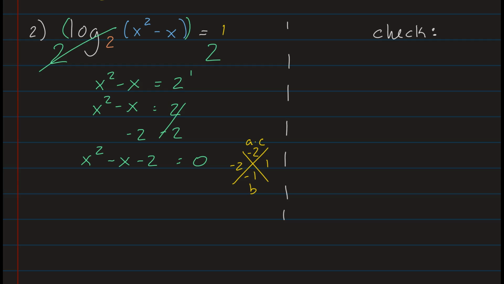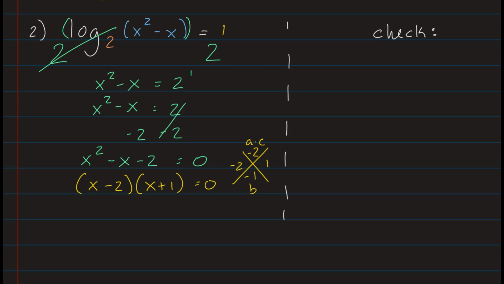Now we have to check, do we have an a value here? No, we do not. So we do not need to divide by a. And these are our true factors. So I have x minus 2 and x plus 1.